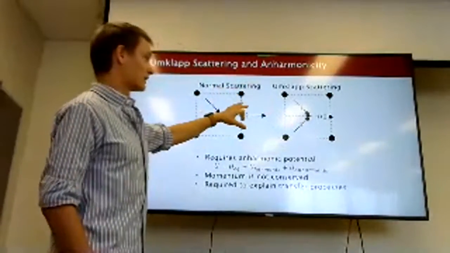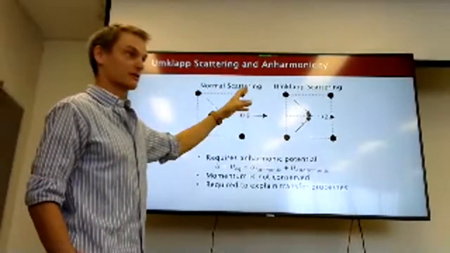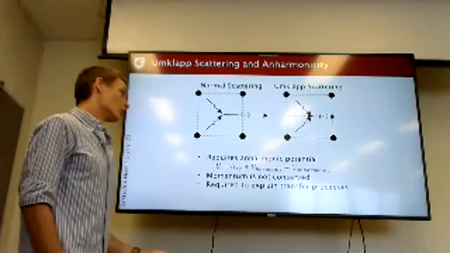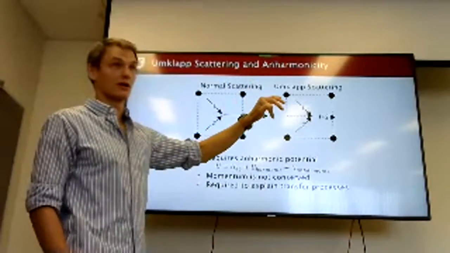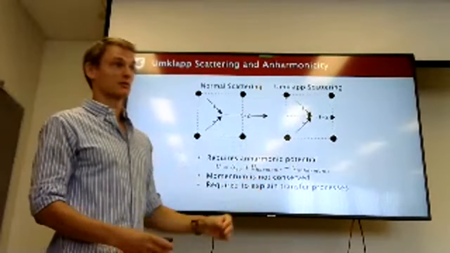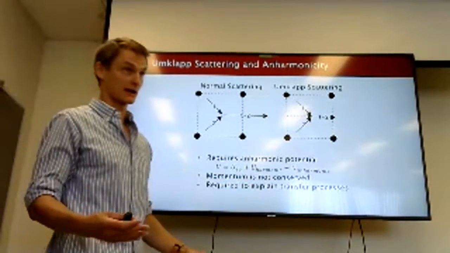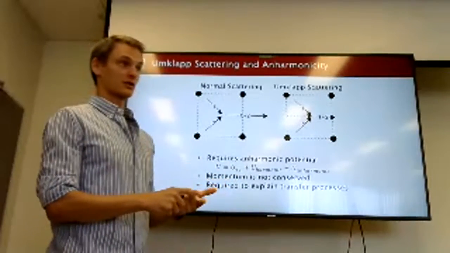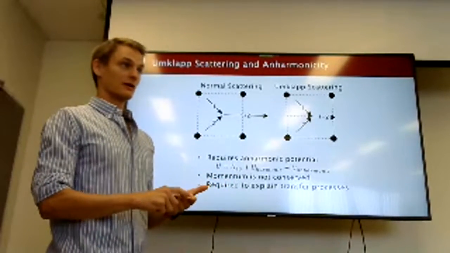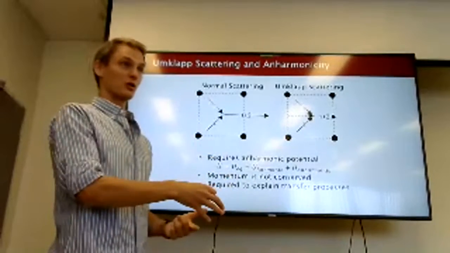Now, this nifty trick has some consequences though, right? One is that for a scattering process to occur at all, you must have an anharmonic potential. Otherwise, the superposition principle is true and waves cannot scatter. Two, momentum is not conserved, and that's why we have a term that we call crystal momentum.